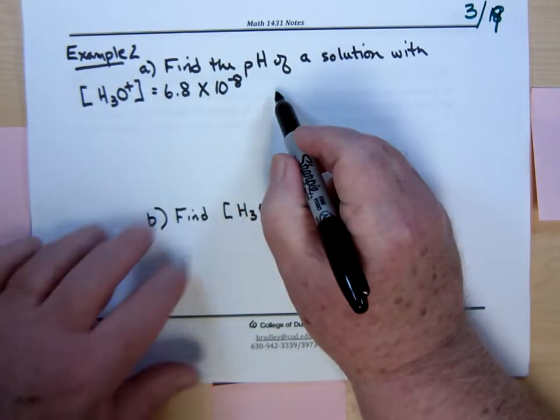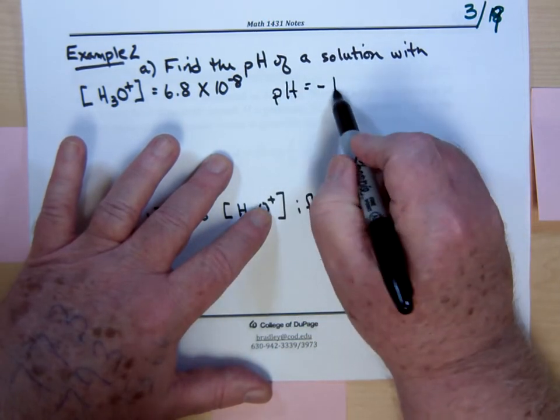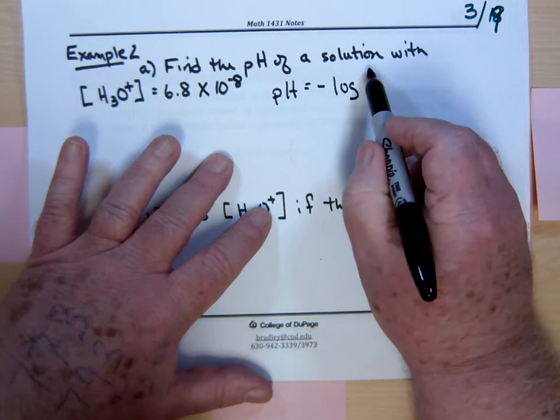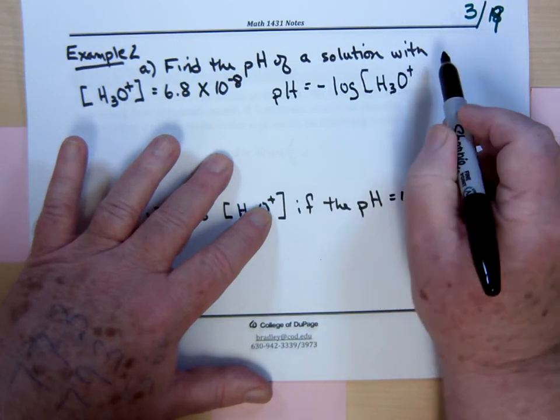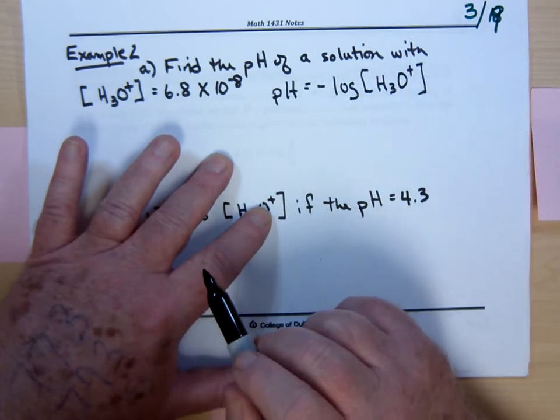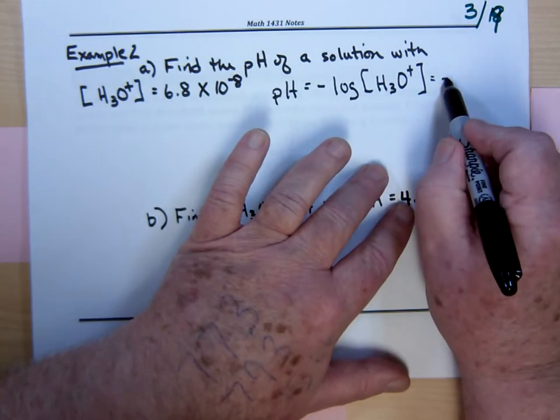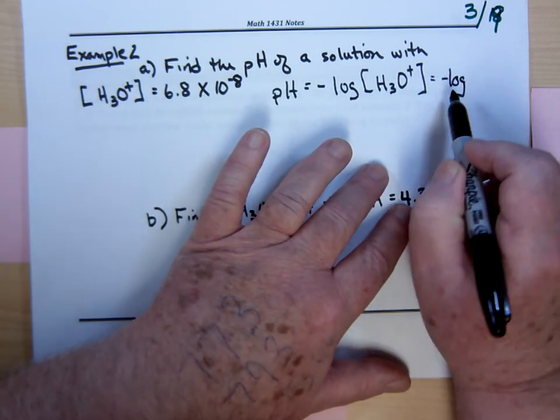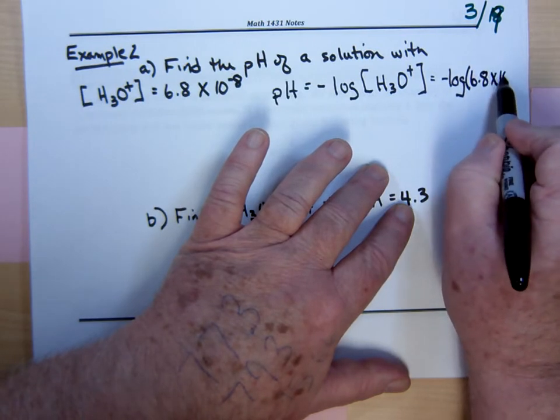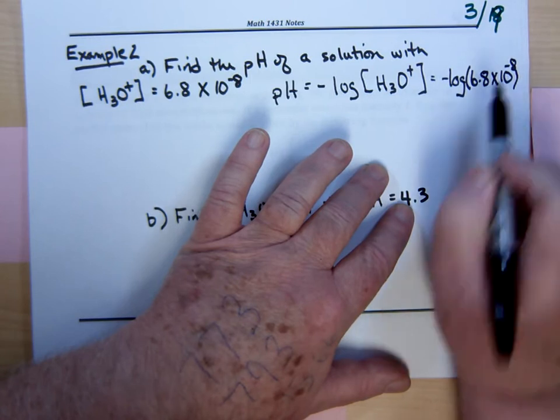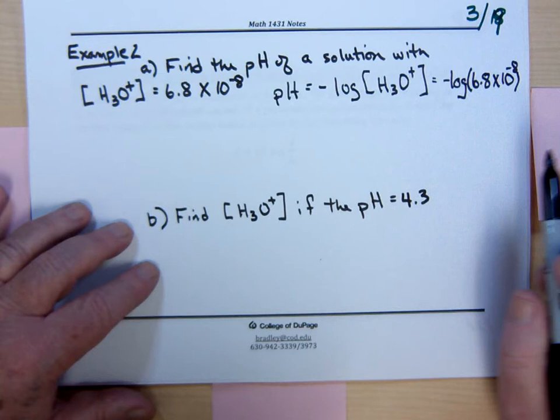So we will use our equation, and the minus is important because chemists like to have these things positive, and so we will put the hydronium ion there, and this then is equal to the negative logarithm base 10 of 6.8 times 10 to the minus 8. And since things are normally written in scientific notation, that's why it's important to be doing log base 10.